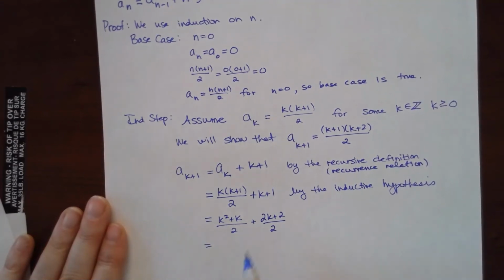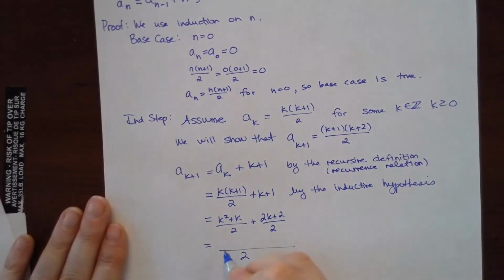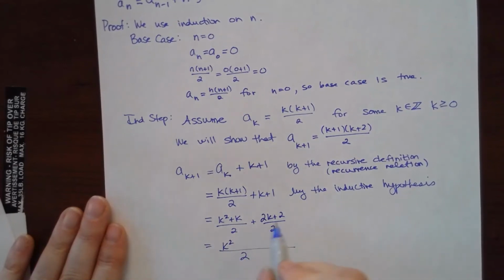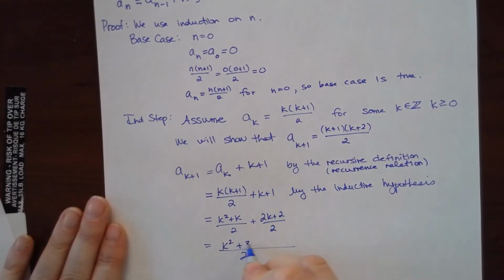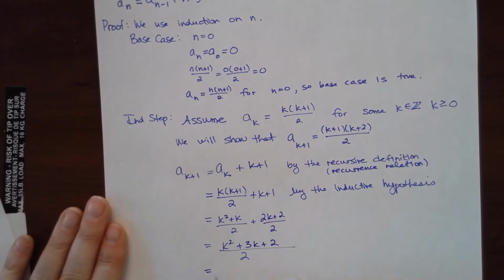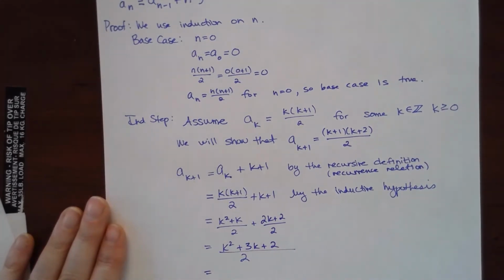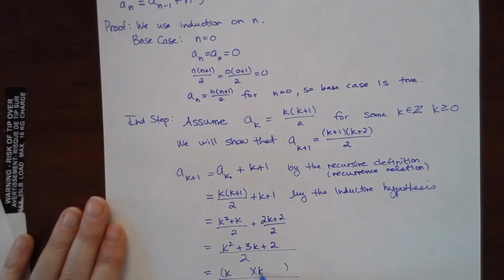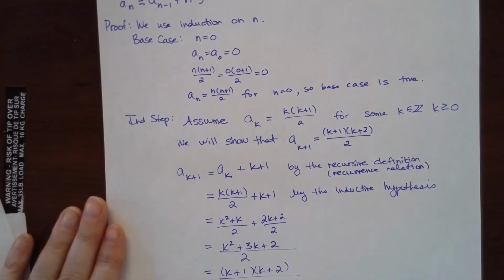So yay, I've got a common denominator, and so that's going to be k squared plus 3k plus 2. And then if I just factor that numerator, it factors and looks exactly like that.